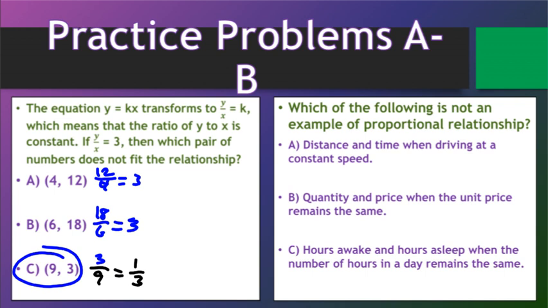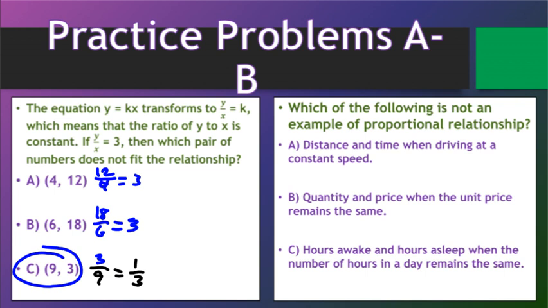Next one, which of the following is not an example of a proportional relationship? A, distance and time when driving at a constant speed, B, quantity and price when the unit price remains the same, or C, the hours awake and hours asleep when the number of hours in a day remains the same.